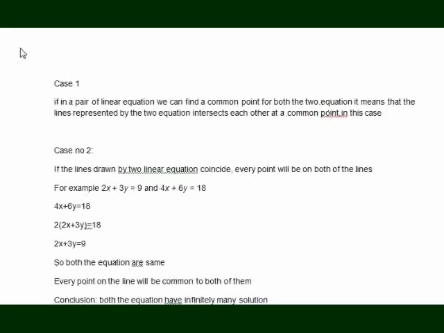If in a pair of linear equations we find a common point for both the equations, it means that the lines represented by the two linear equations intersect each other.